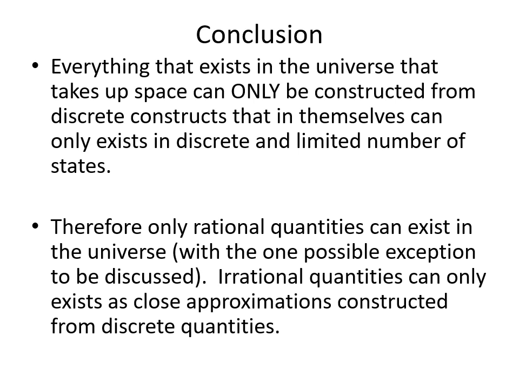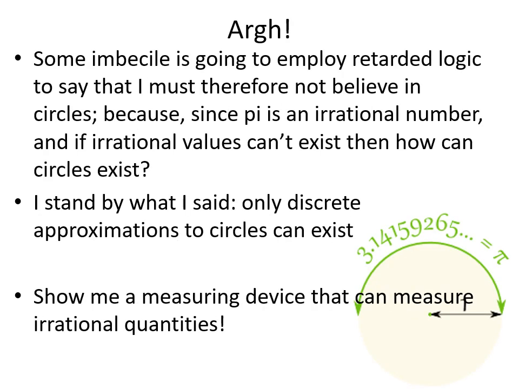Therefore, only rational quantities can exist in the universe, with the one possible exception that will be discussed. So irrational quantities can only exist as close approximations constructed from discrete, otherwise known as rational quantities. In other words, in the universe, you cannot have any irrational quantities. What you'll have instead are the closest rational number for that system. Well, actually, it's going to be the closest discrete system.